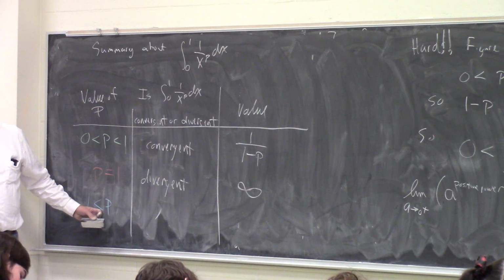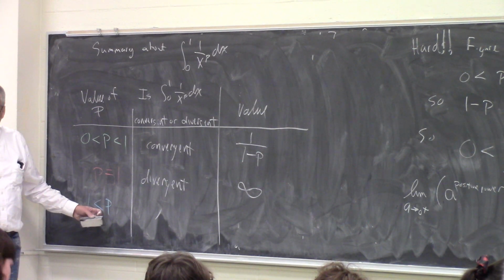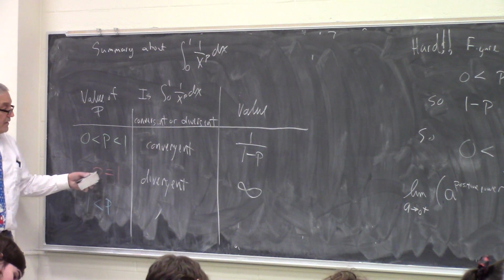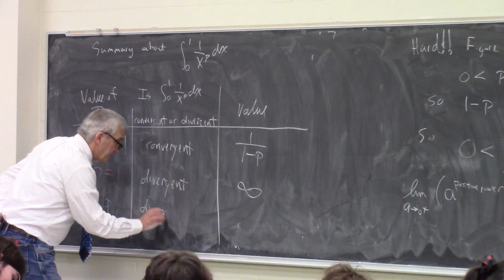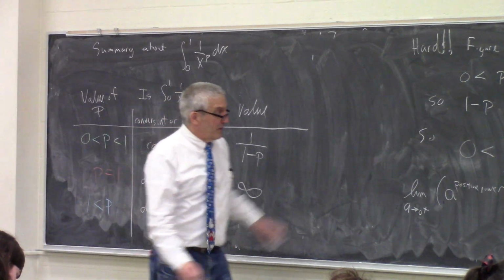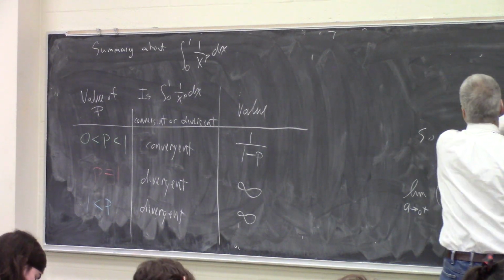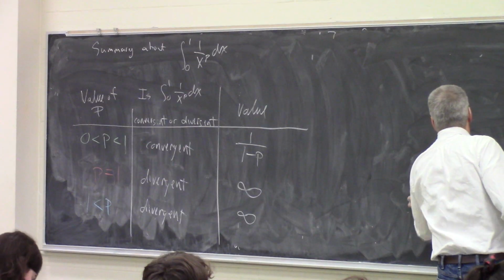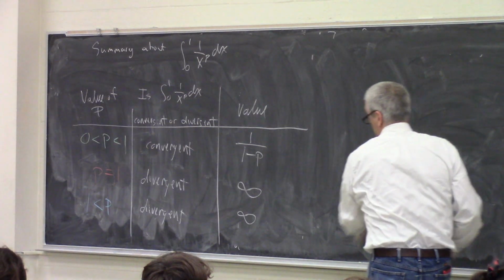We just looked at that graph over there and realized the blue graph is above the graph of the red graph. So the blue graph is divergent as well, and its value is infinity. So again, I can't dress this up. This is just hard.